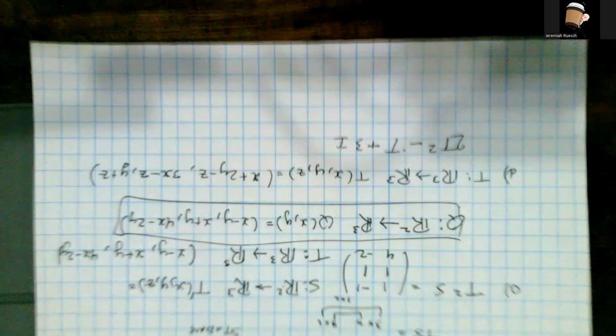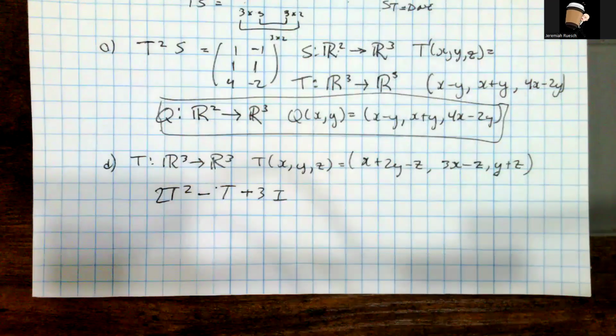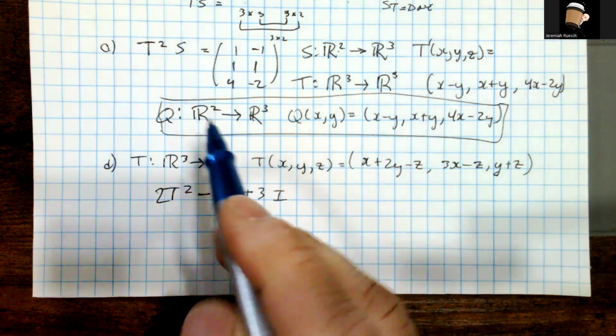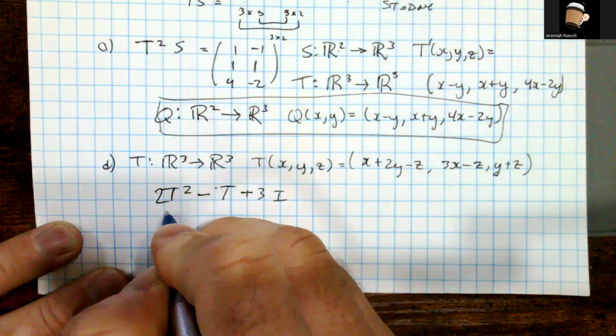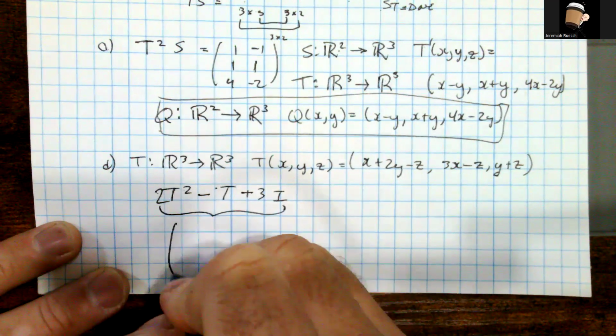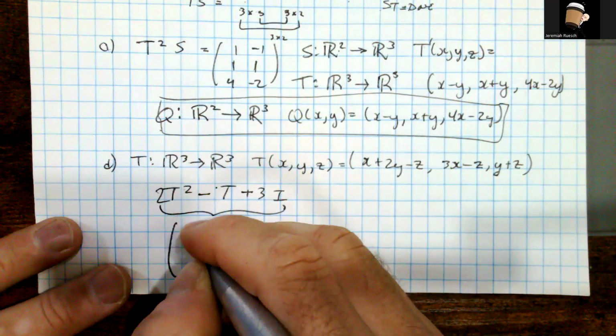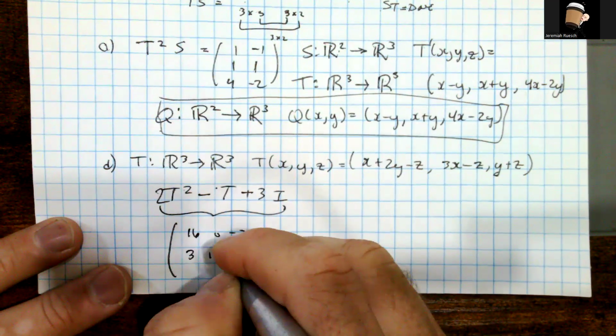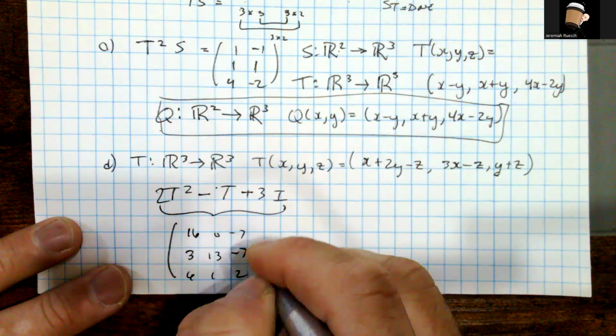All right, so we saw that this map transformation is equal to 16, 0, -7, 3, 13, -7, 6, 1, 2.